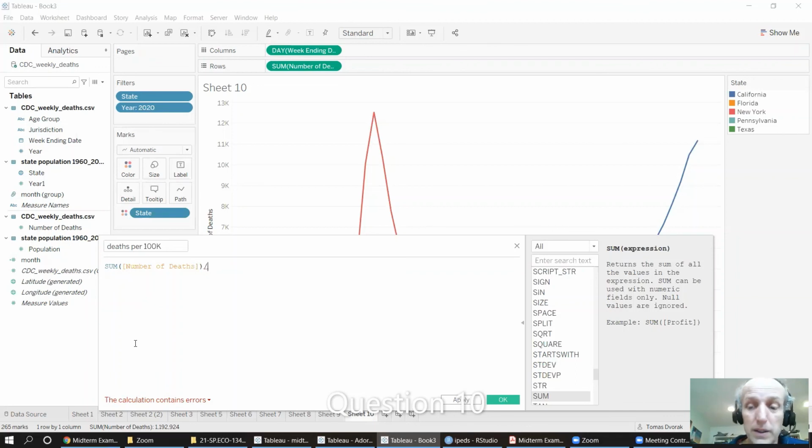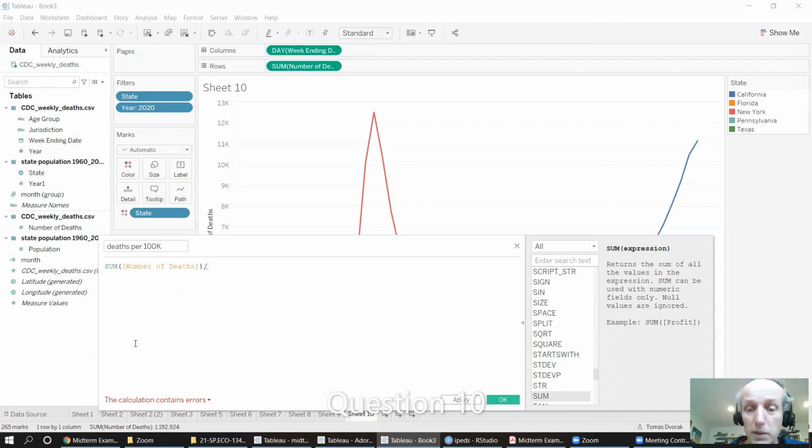If we divide it by the sum of population, then we might have a problem, because we'd be summing population again across different age groups and across different weeks. Although now we have just one mark for each week, we would be summing population across 6 different age groups, and we don't want that. We don't want to divide it by 6 times population. We want to divide it by population.